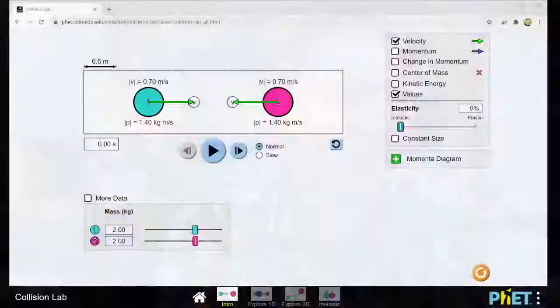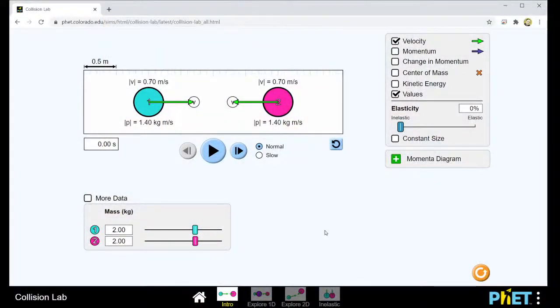When you add vectors together, and here it's one-dimensional, our technique for dealing with vectors in one dimension is to make one direction positive and the other direction negative. So if we call the direction to the right positive, that means the green ball, ball 1, has positive momentum, and ball 2, the pink one, has negative momentum.